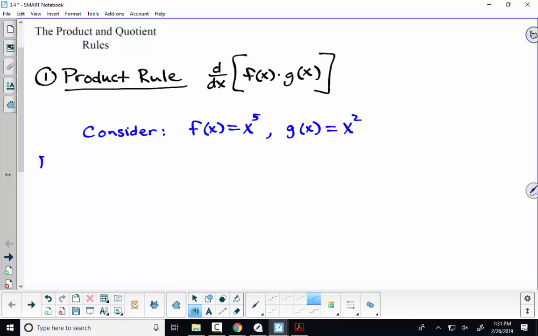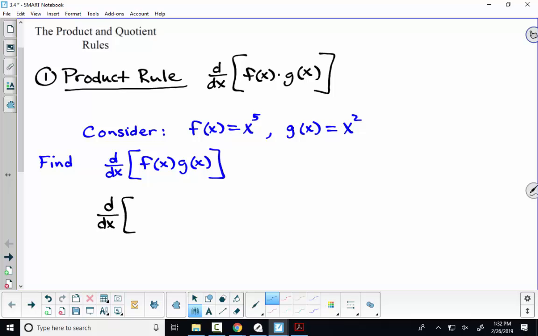If we wanted to find the derivative of f of x times g of x, we can say that's equivalent to the derivative of x to the 5th times x squared.